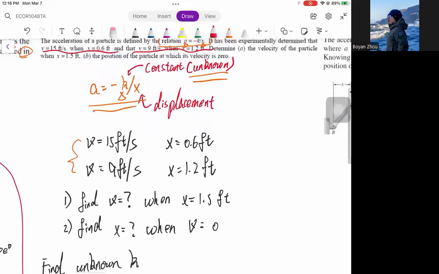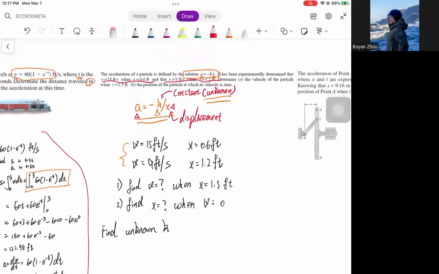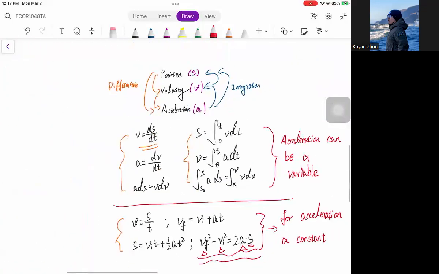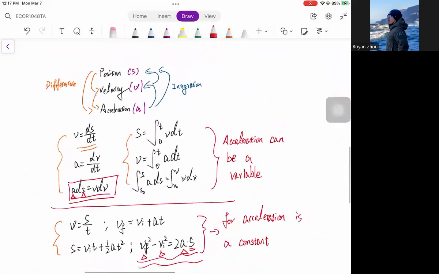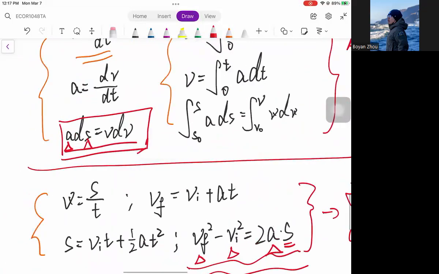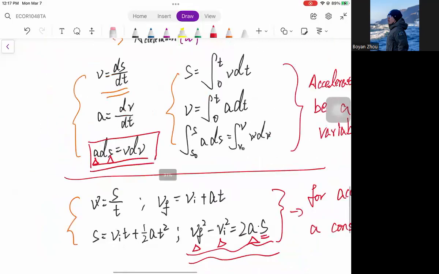We have the relationship between the acceleration and the displacement, so we can go back to our cheat sheet, our formula sheet. The equation relating the acceleration and the displacement is this one. We have the acceleration here, the displacement here, and also v dv on the other side. So we can try if this equation will work.